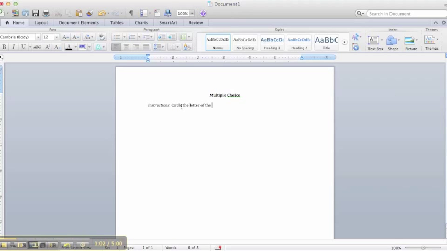Now, do we want them to circle the letter of the correct answer, of the best answer? How do we want them to respond here? So generally in testing, we do recommend that you say of the best answer because that does encourage students to think critically. You'll have noticed perhaps if you're in my educational psychology class that sometimes there are two answers that could be right, but one of them's better.